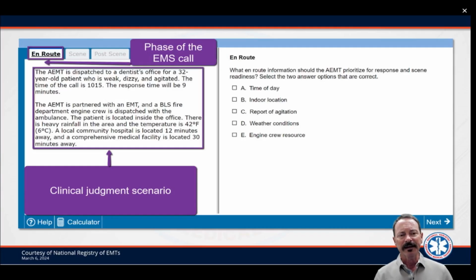So when we look at this, we're going to get this mega code question, okay? On this mega code question, it's kind of divided up to where you've got information, but you'll see at the top left-hand corner, it's the phase of the EMS call. So the one that's highlighted there is en route, okay?